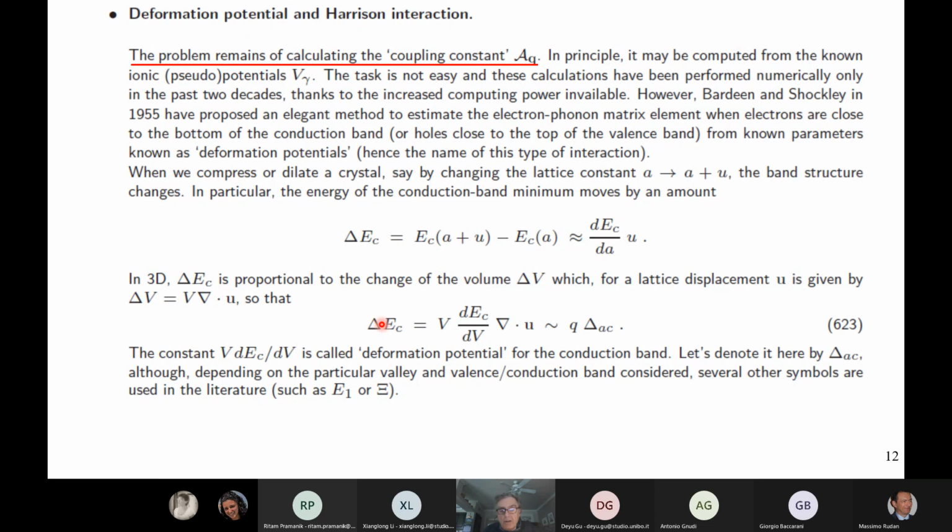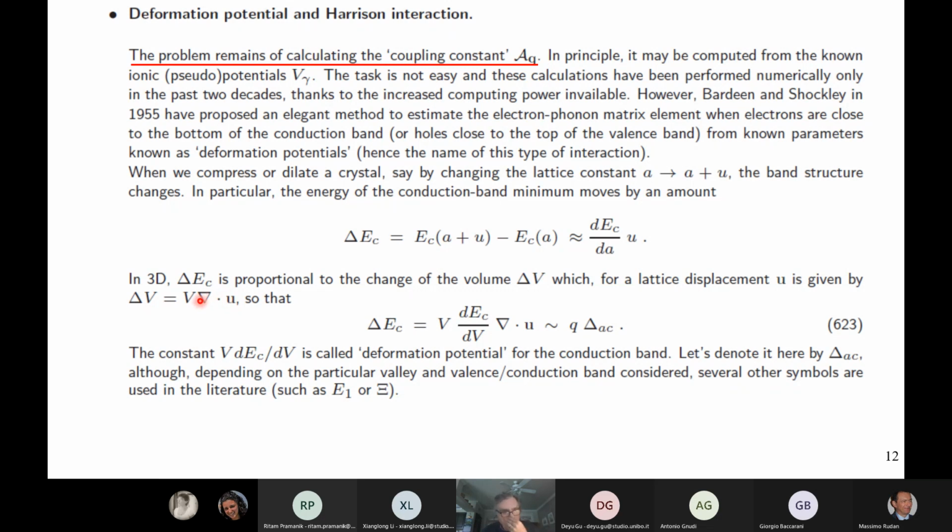For a purely dilatational wave, notice that in 3D, if we are in bulk, the change of the potential energy associated with the displacement of the ions is proportional to the divergence of the displacement field. Clearly, if we displace all the ions by the same amount everywhere, we get nothing. It is how much the displacement out of equilibrium position changes from one position to the other, in a continuum limit.